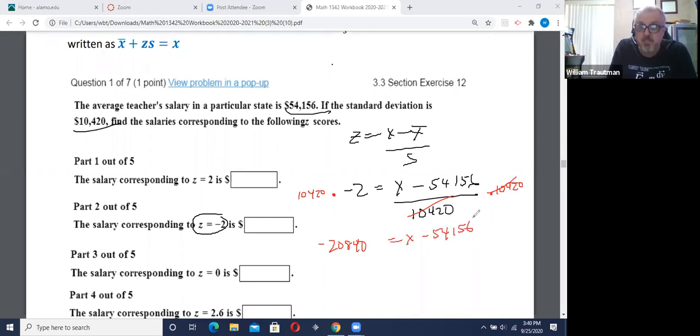Get the 54,156 to the other side by adding 54,156.